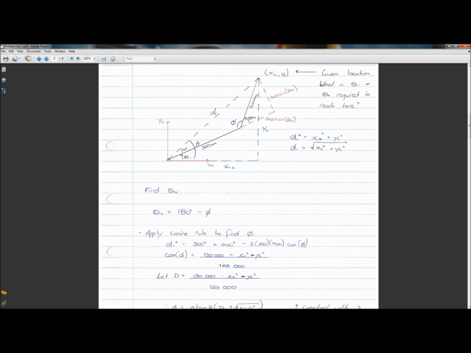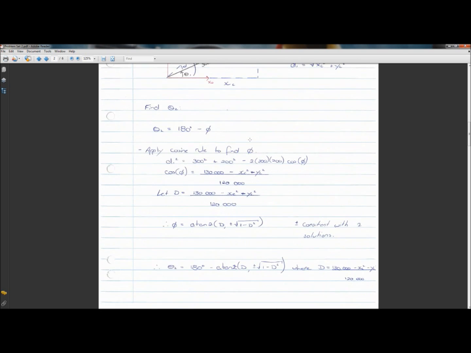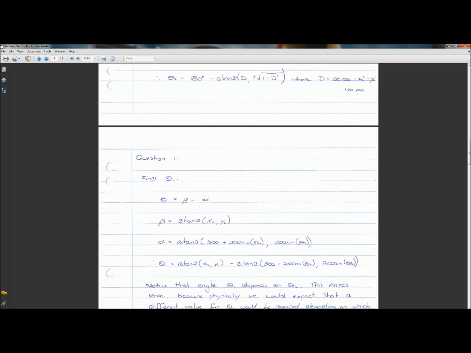We can also create a triangle if we follow link 1 and the red dotted lines with d1, and we can use that to find alpha. So alpha will be atan 2 of 300 plus 200 cos theta 2 and 200 sine theta 2.